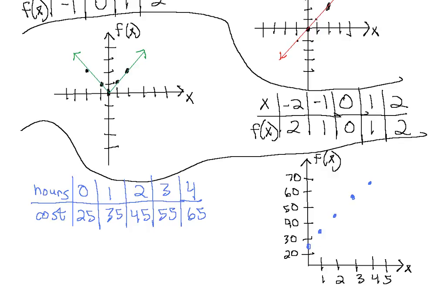So all we need to do now is connect these dots. I'm sorry this isn't a very straight line, but we'll just assume that these dots are all contained in this line right here. This is going to go infinitely in the positive direction for both the x and the f of x axis.